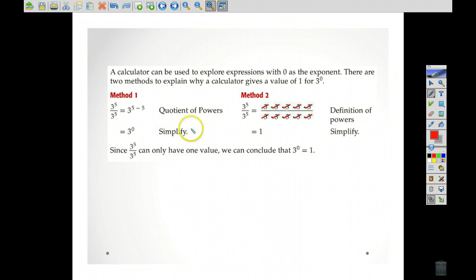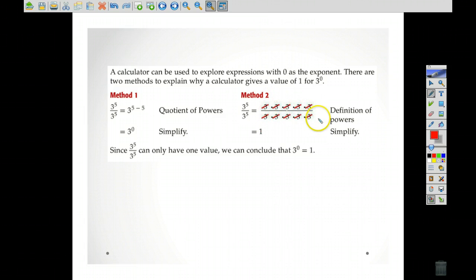All right. A calculator can be used to explore expressions with 0 as their exponent. There are 2 methods to explain why a calculator gives a value of 1 for 3 to the 0 power. All right, so if you have 3 to the 5th over 3 to the 5th, that means 5 minus 5, which is 0. So 3 to the 0 power, okay, so how does that work? So 3 times 3 times 3 times 3, and you have 5 3's here.